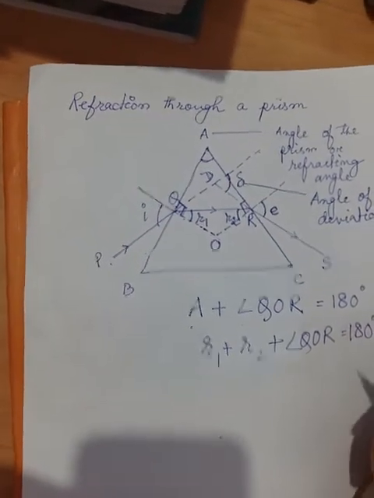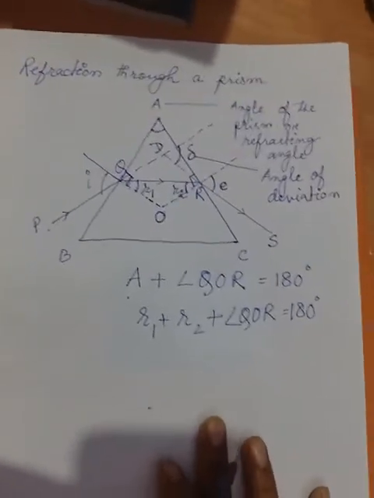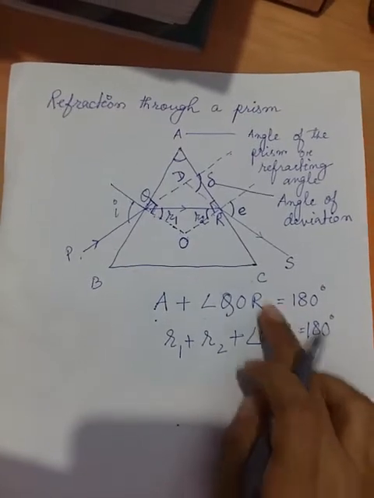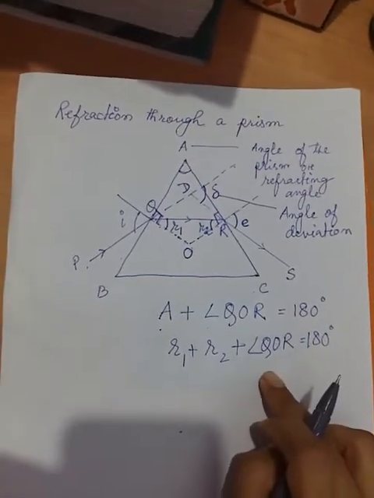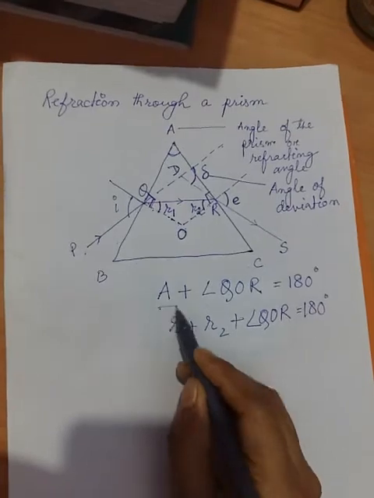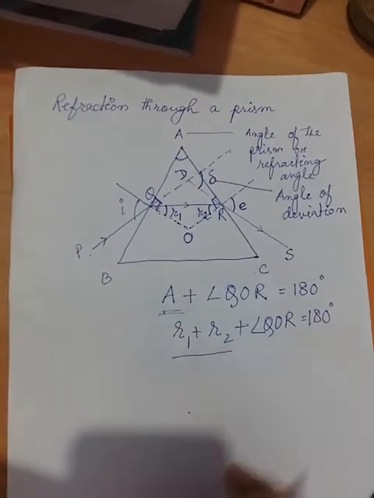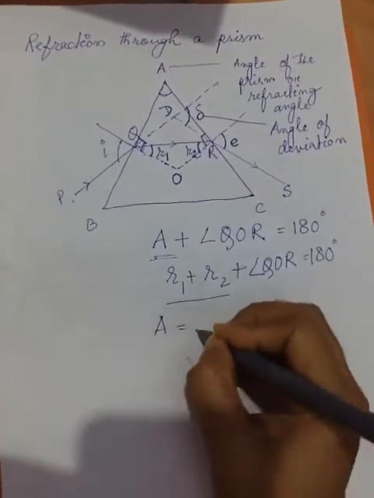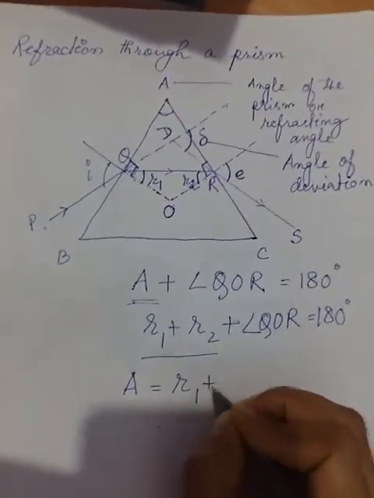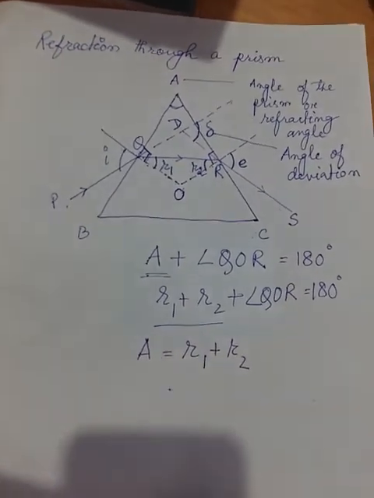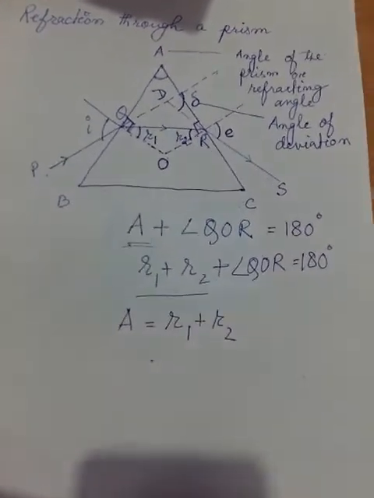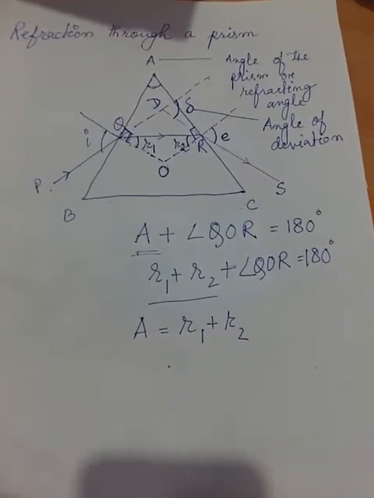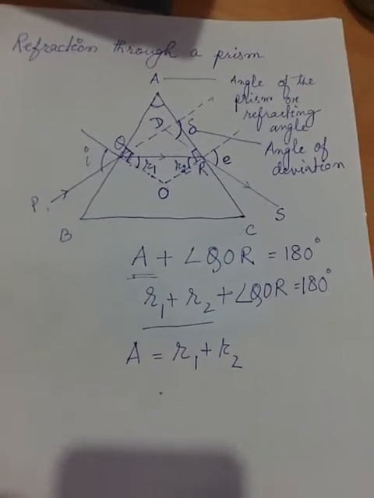Why 180 degrees? Because the sum of the 3 angles of a triangle equals 180 degrees. So we have 2 conditions. From these 2 conditions, we observe that angle A equals R1 plus R2.